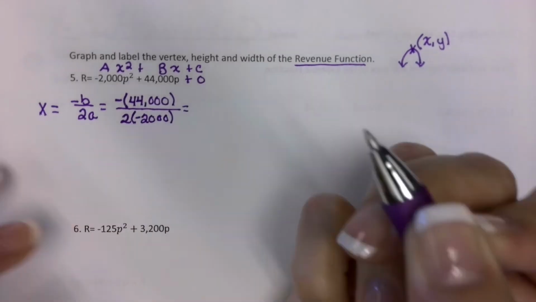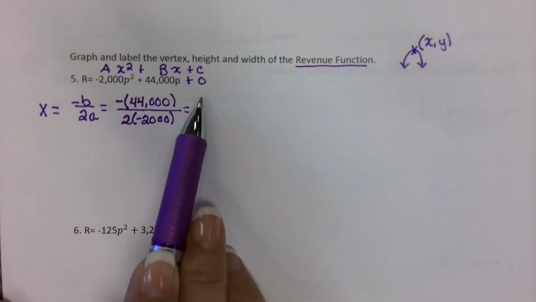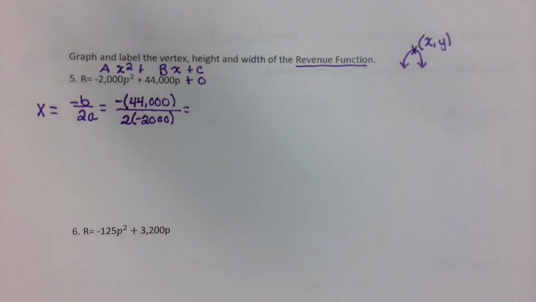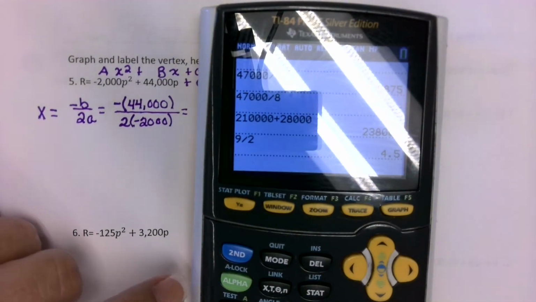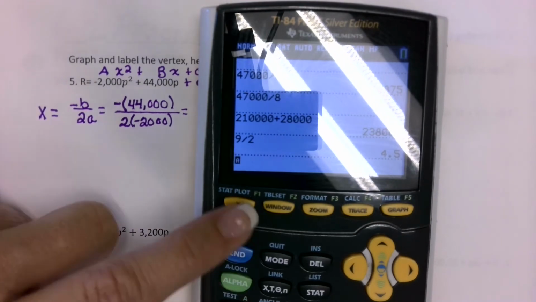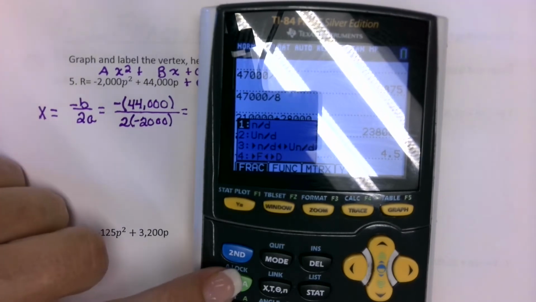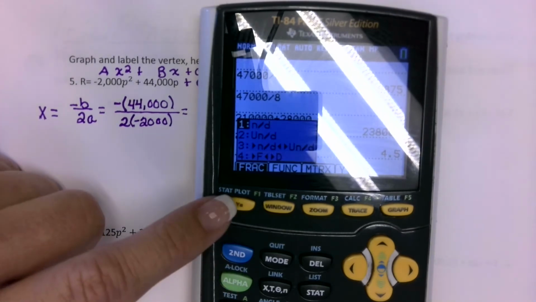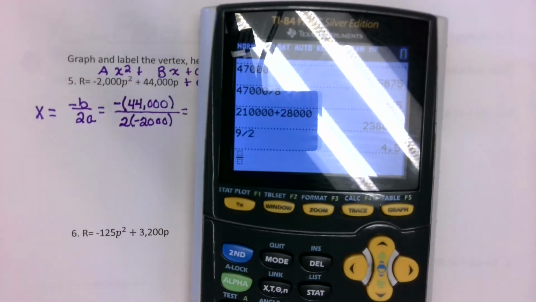And it's really important that you do the numerator first, then the denominator. Don't put it in your calculator unless you want to use this handy dandy function. If you look on your calculator and you go alpha y equals, it says numerator denominator, hit enter, and it will give you that fraction bar.